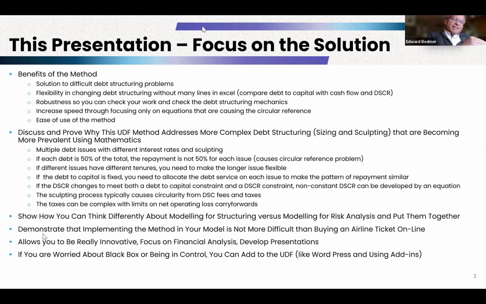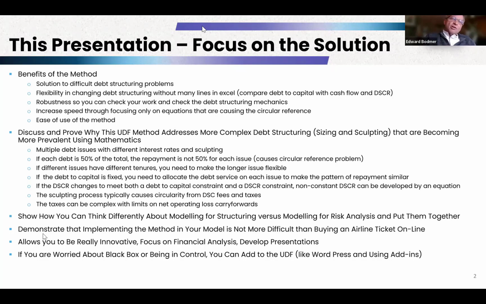I want to show you that it's really totally flexible. If you have a solar project, then you might size the debt with P50 and a 1.35 DSCR, or P90 and a 1.2 times DSCR, or P99 and 1 times DSCR, or a debt to capital with 80% debt, and then you do the sculpting. There are all different ways to size the debt, and trying to write a model that does that in a smooth, beautiful way can be really difficult.